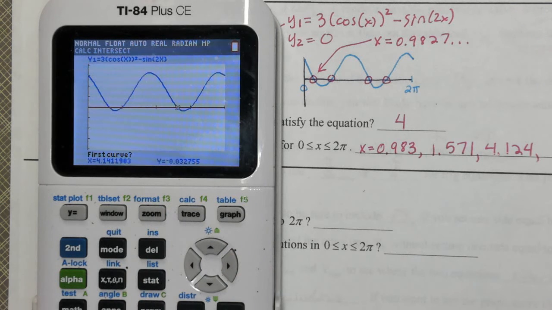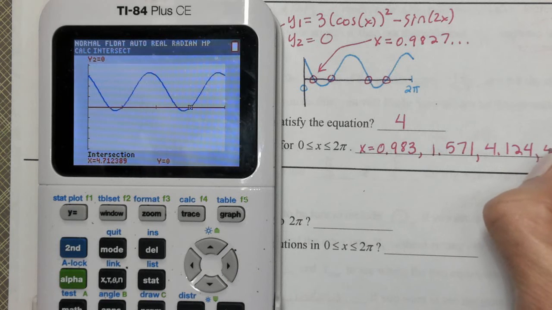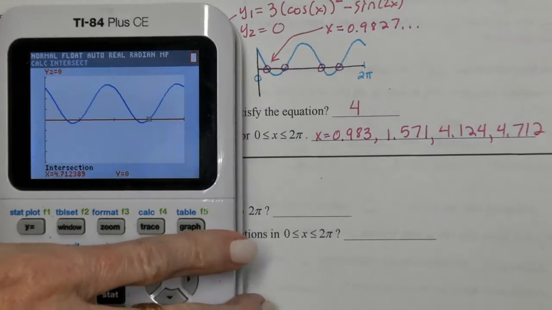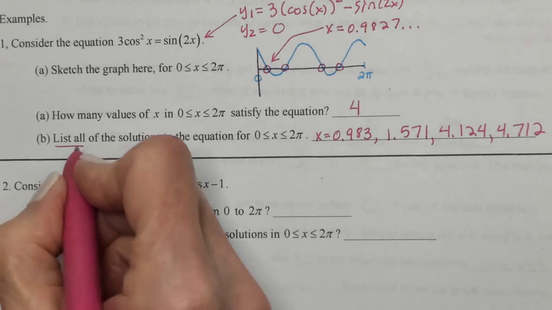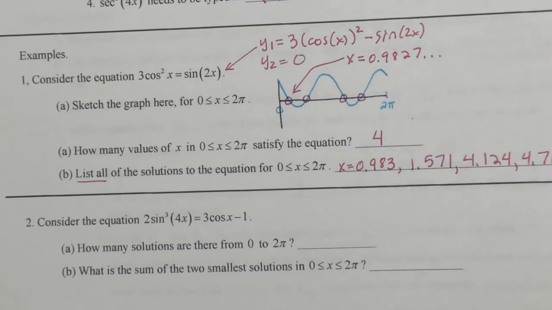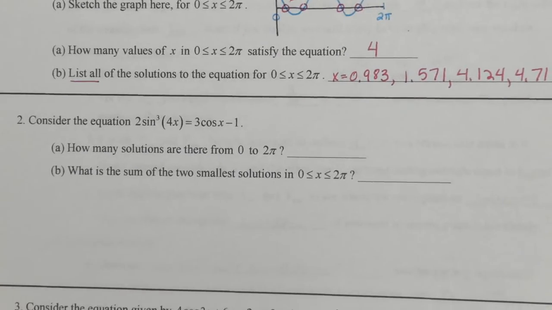So second calc 5. Come over here and get that one. Enter, enter, enter. 4.712. Okay, so that gave me all 4 answers, and it just said to list the answers, so that's what we did. On some of the problems, we have to do different things with those answers.